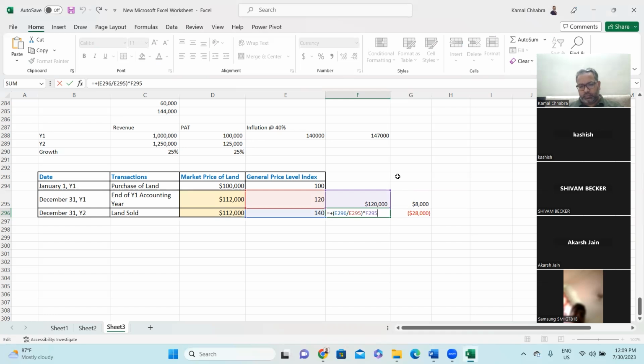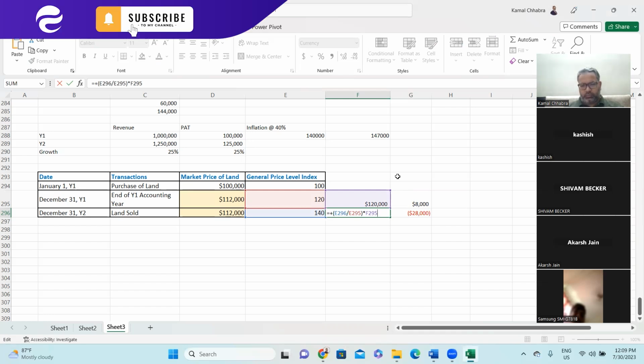Sir, why didn't we do it as 140 divided by 120 into 1 lakh, and then whatever comes, minus... No, because your book value is $120,000, not 1 lakh. 1 lakh you have already changed in year one. Okay, yes, 120. Right? So you have already recognized that $20,000 minus the market price, which is $8,000.